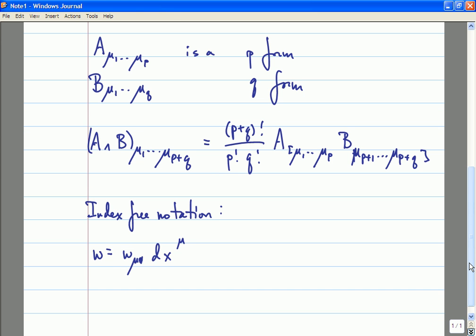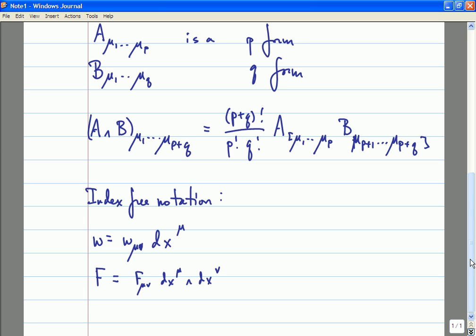And so we can use the dx^mu's as a basis of one forms, and then we can use the wedge products of two dx's as a basis of two forms, and so on and so forth. So it's convenient to write down an expression for a two form, for example, as F_{mu nu} dx^mu wedge dx^nu, and so on and so forth.